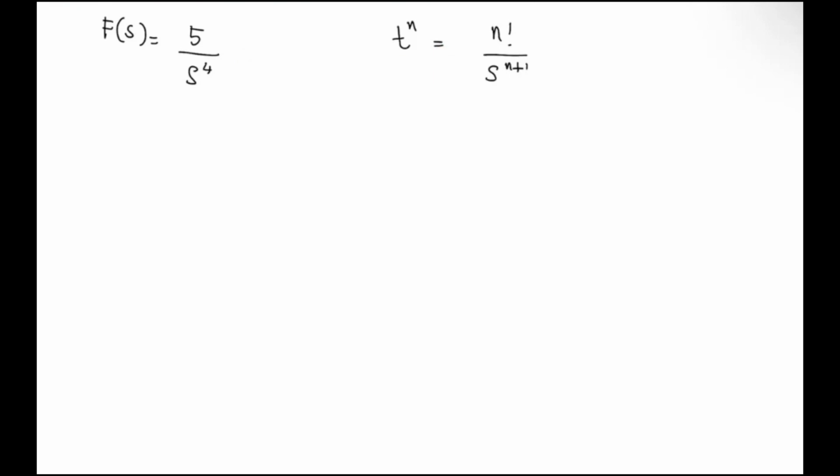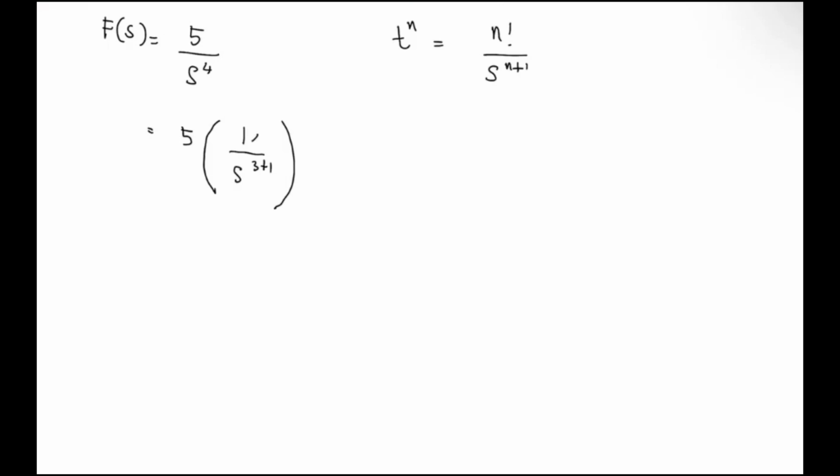So first, let's try to modify this one. We have 5 over s to the power of 4. So let's first put 5 outside. And then here we have 1 over s to the power of n plus 1, so we need 3 plus 1 equal to 4. So here we need to have 3 factorial.